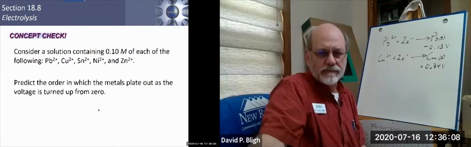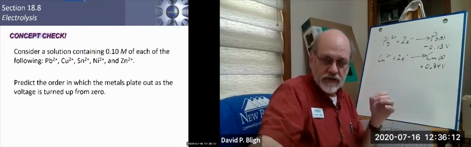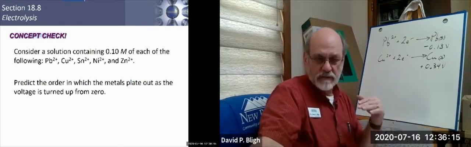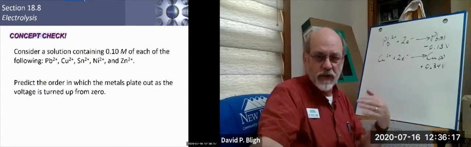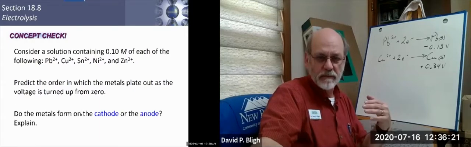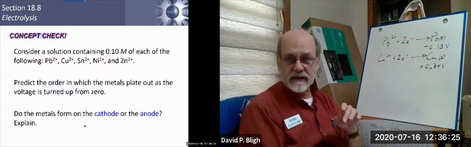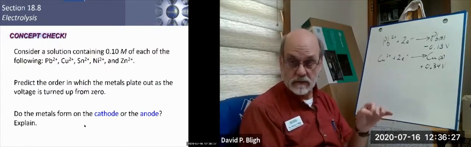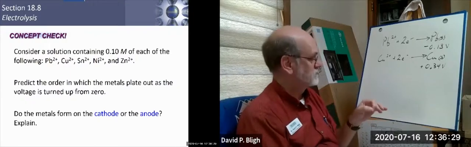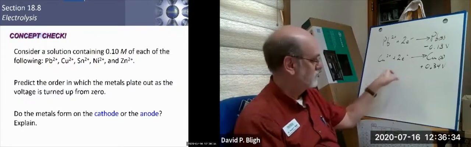So you can do that for each one of them. Look at their voltages and put them in order. And as you turn the voltage up from 0, the metals would form on the cathode, because the cathode is where reduction takes place.